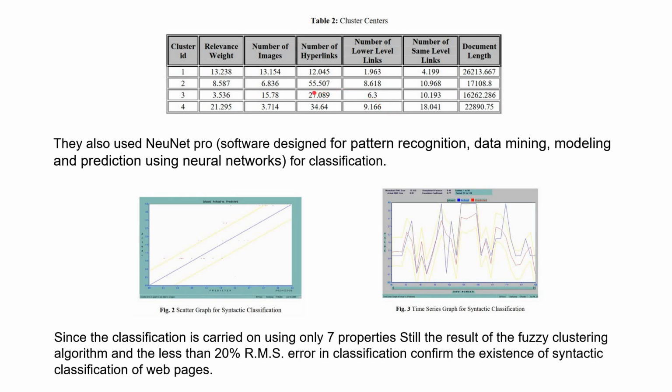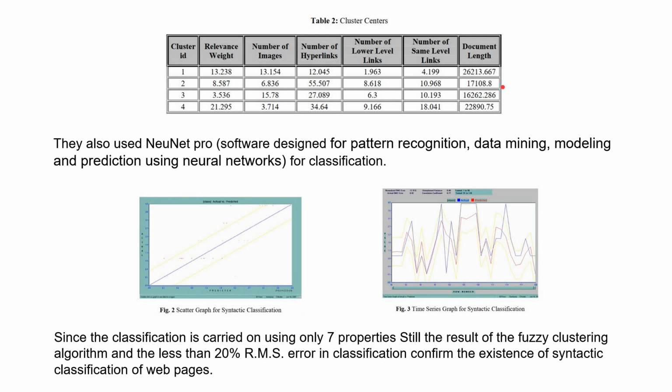As you can see in this table, cluster 1 and cluster 4 stand for pages with high relevance weight. They have a relatively very high relevance weight compared to the other two. Cluster 2 stands for pages with a large number of hyperlinks and of short length. Cluster 2 has the highest number of hyperlinks, and the document length is the lowest among all 4.